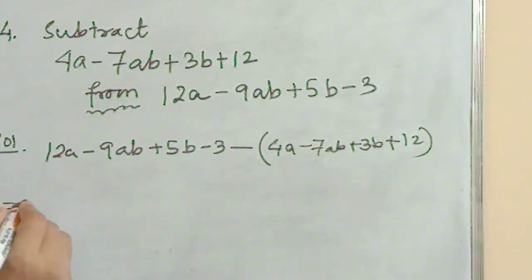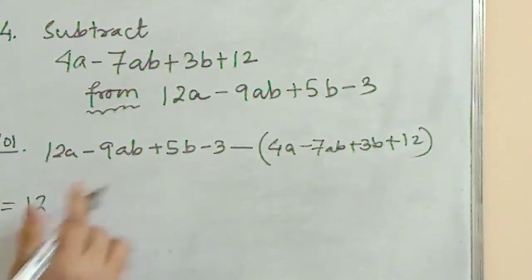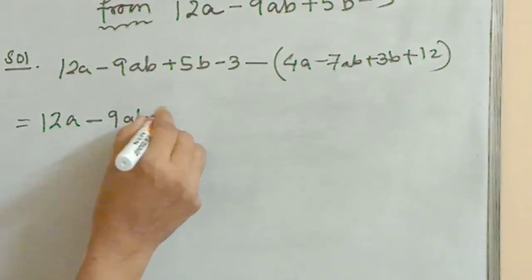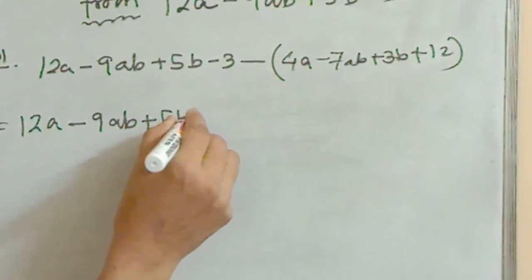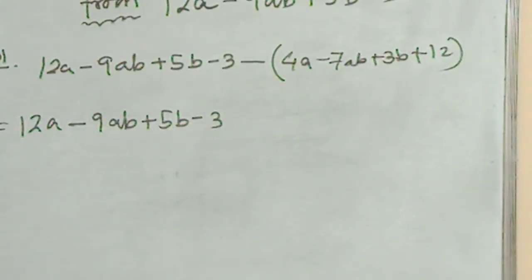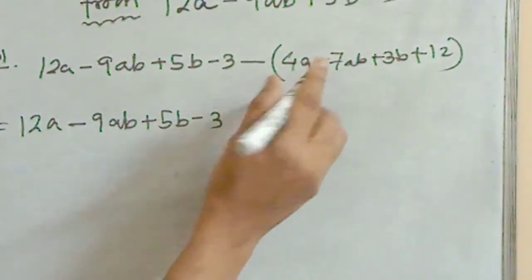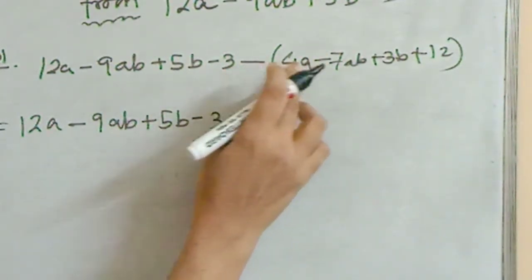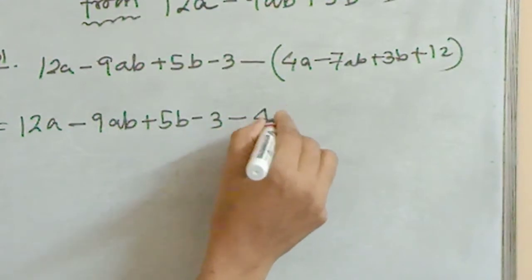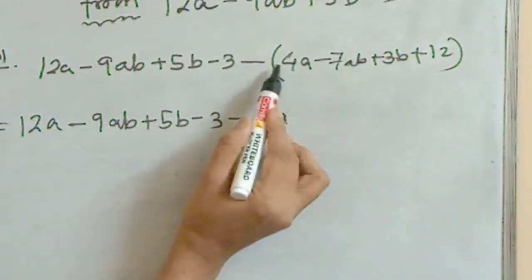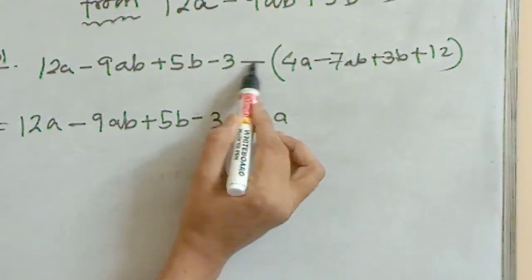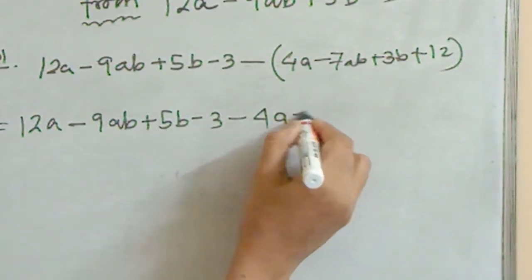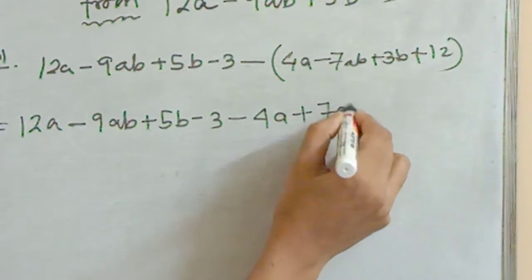Next, this portion you will write as it is, 12a minus 9ab plus 5b minus 3. Then the minus is outside, so all the signs will be multiplied by this minus sign. Then minus 4a, because in front of 4 there is a plus sign, so plus into minus, minus 4a. Next minus into minus, plus 7ab.